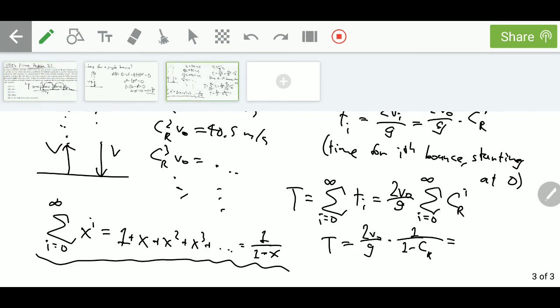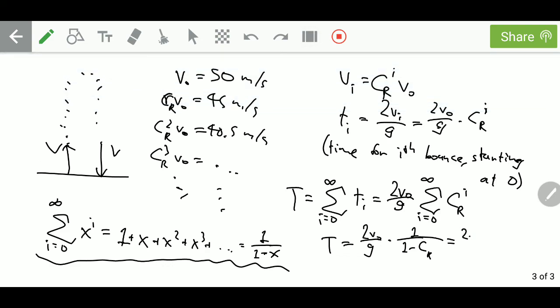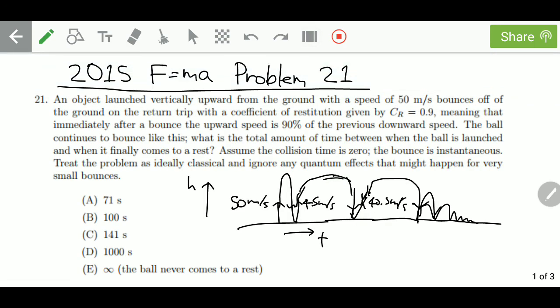The coefficient of restitution is 0.9, so it'll be 2 times 50, all in SI units. g, the general convention for F equals ma, is 10 meters per second squared. And then 1 minus 0.9 is 0.1, and 1 over 0.1 is 10. And so we end up getting T equals 100 seconds, since we did this all in SI units. And thus we see that the answer is 100 seconds.